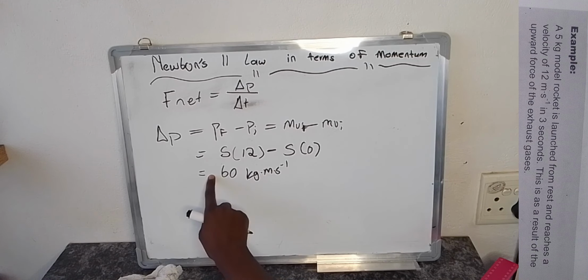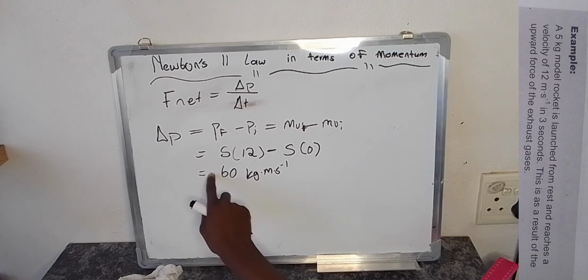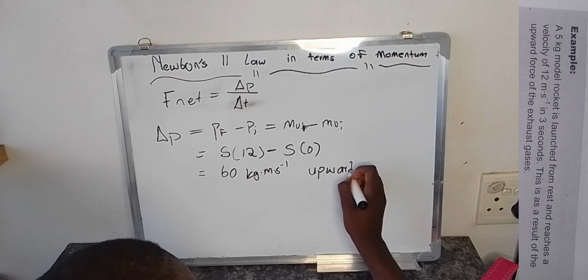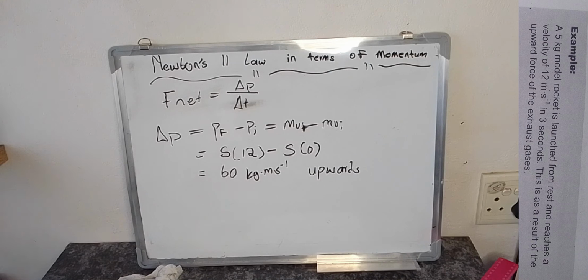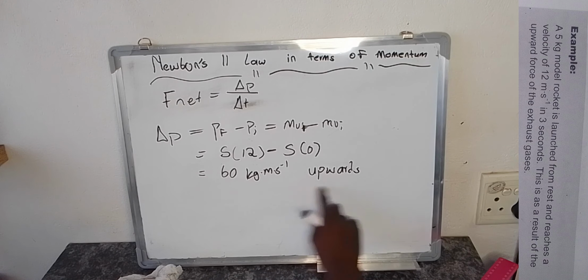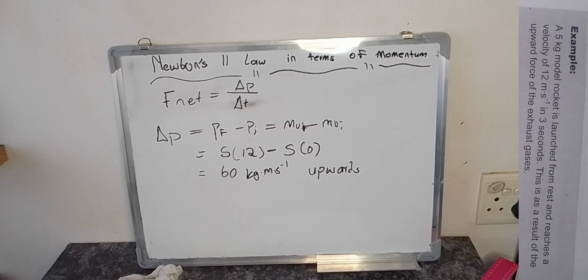This final answer is positive, since the positive sign shows the direction. Positive means upward. Why upward? Because the direction of the motion is upward, and we always take the direction of the motion as positive. So the final answer is positive, in the upward direction.